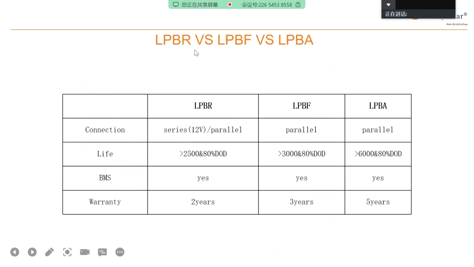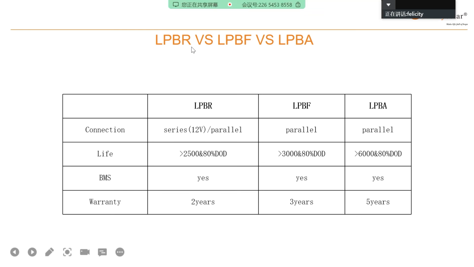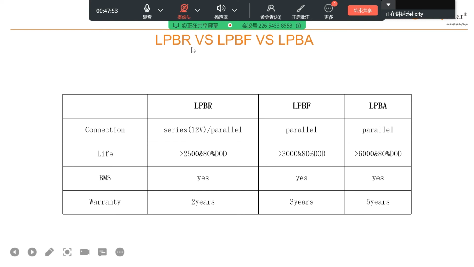Here I made a simple comparison of the LPPR, LPPF, and LPPA. First is connection. The LPPR 12 volt supports series and parallel connections, with a maximum of 24 pieces.